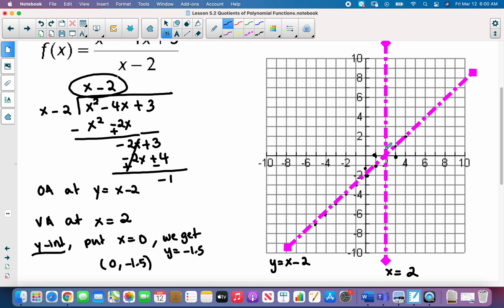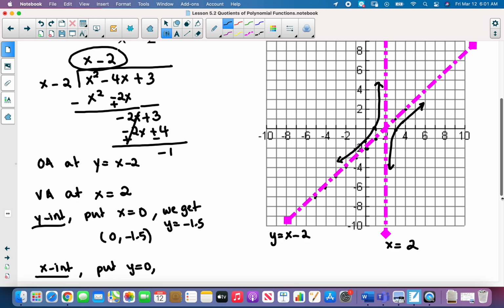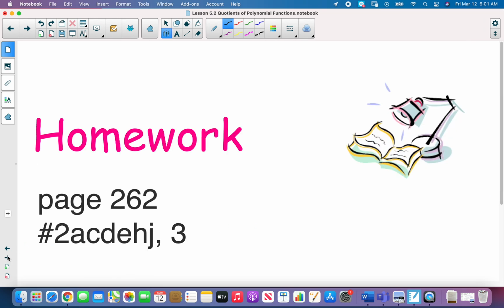You can get some more points, but you'll naturally find that, because of these asymptotes, you have an idea that your function is going to be approaching them like that. And on this side, it's going to be approaching it like this. So that is the sketch of this function. And now we can try some practice questions.